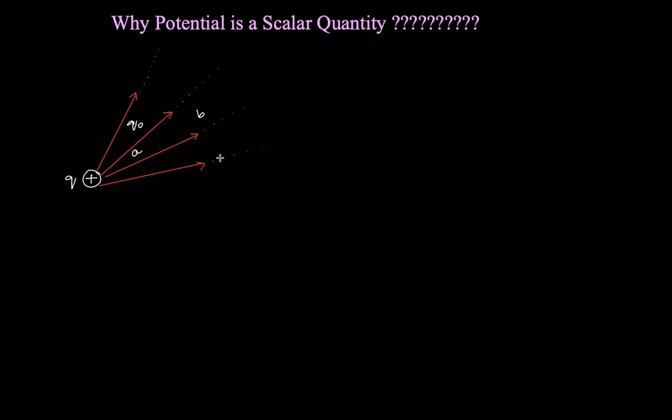This is the charge q, this is the charge q naught, and the distance of this charge from q is r, so r is the position vector. ra is the distance between the positive charge q and point A. And the distance between this positive charge and point B is rb.